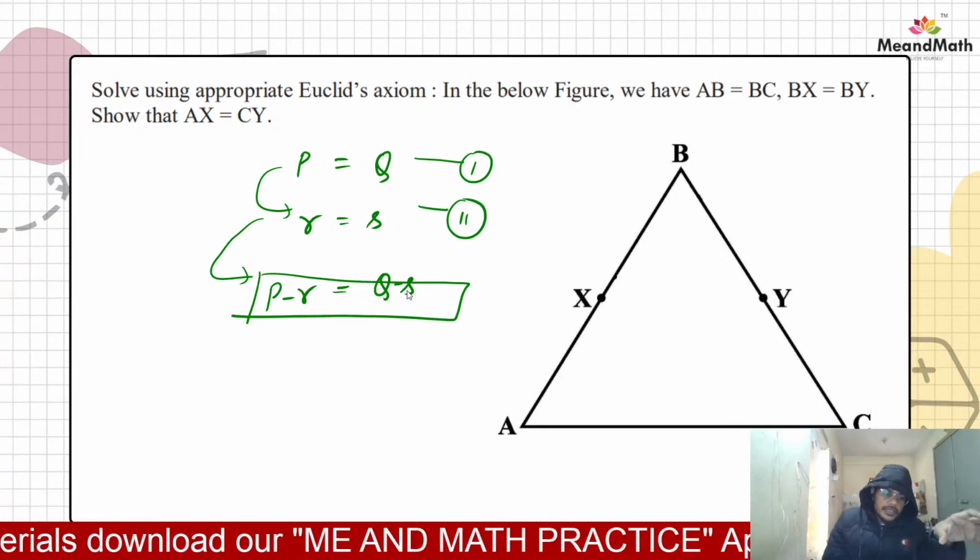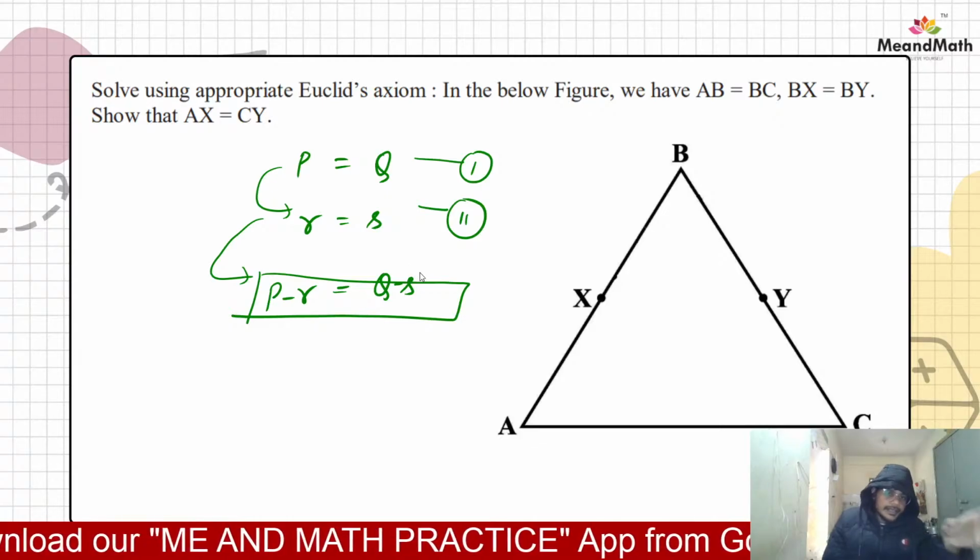And you can also add them and then they will be equal.